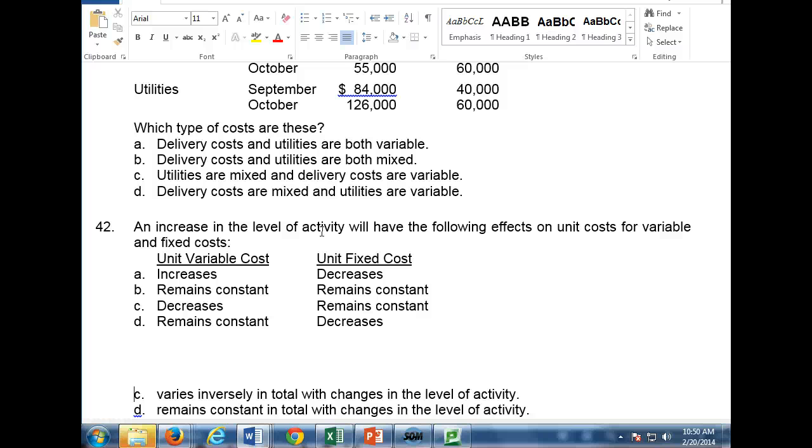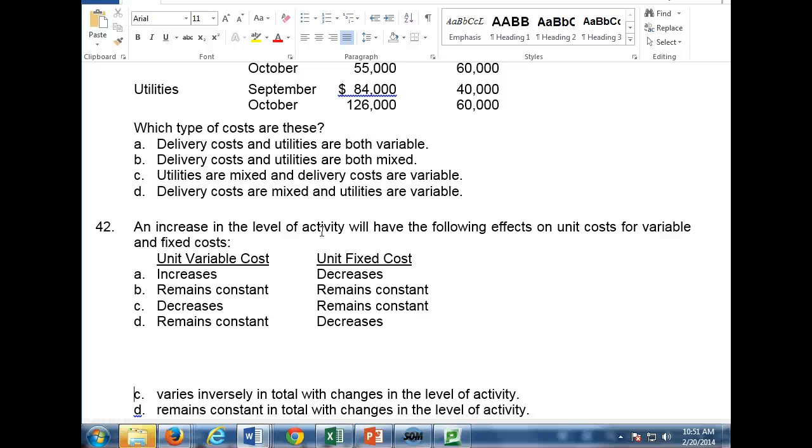Did it increase? Well, here it's at 500. It's at 7,500 as a whole, not per unit, as a whole. Did it increase? Mm-hmm. So, an increase in the level of activity will have the following effects on unit costs. Unit variable costs increase.